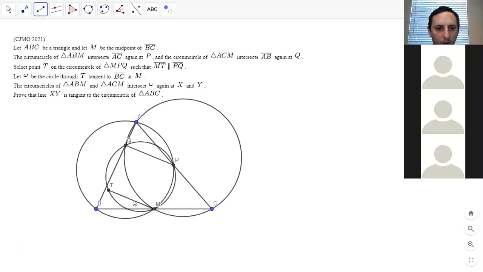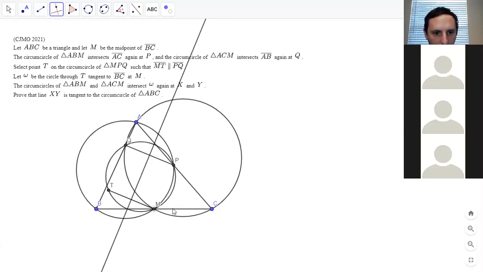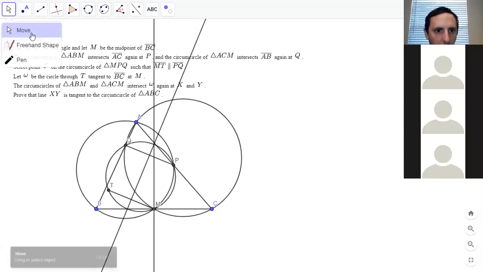Okay, so we kind of want to draw the perpendicular bisector of TM. And then we could draw the perpendicular at M, and that would be the center of the circle.